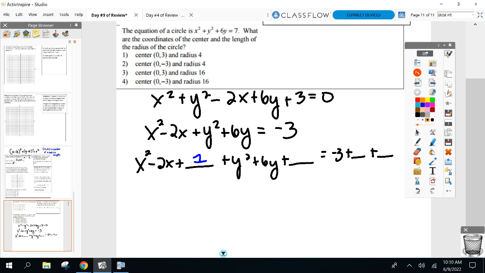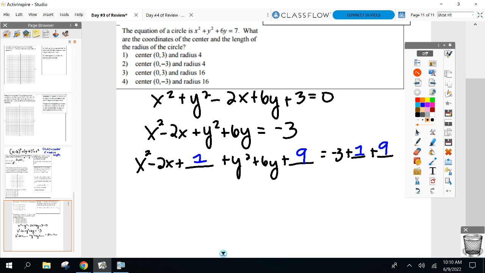Go ahead, take half your b value and square it now. We should be getting 9 out. Again, big mistake. Don't forget to add it to the right side as well to keep it balanced. Half the b value, square it.